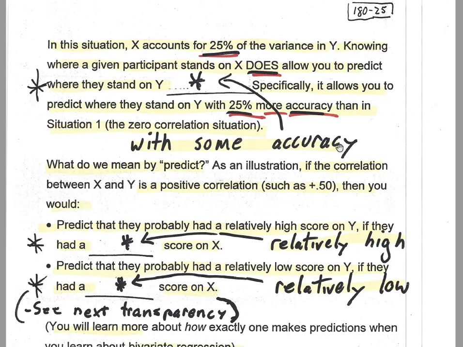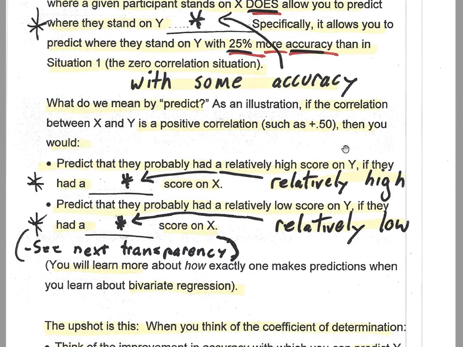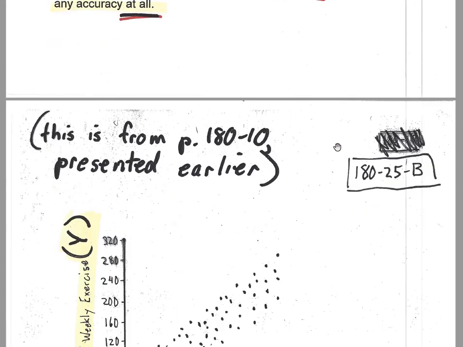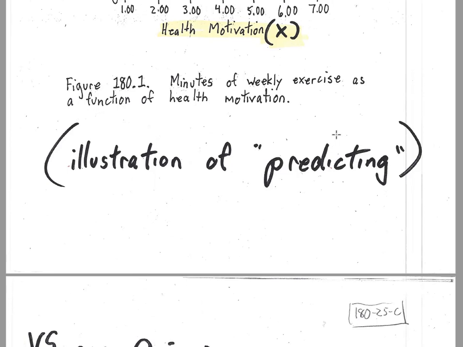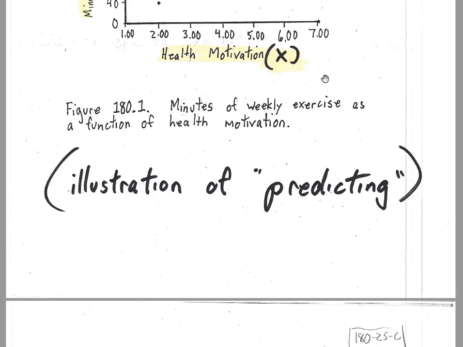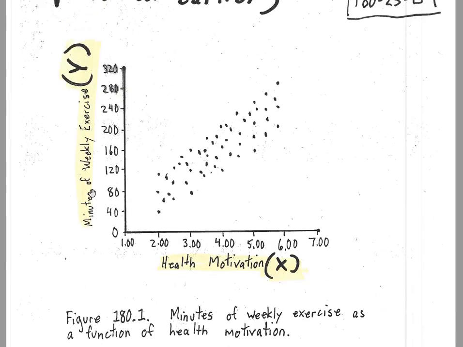Specifically, it allows me to predict where they stand on Y with 25% more accuracy than in situation 1, the zero correlation situation. How do you know 25%? Because that is what my coefficient of determination was. That is how you make sense of it. That is how we relate the coefficient of determination to the nature of a scatterplot, what a scatterplot looks like.